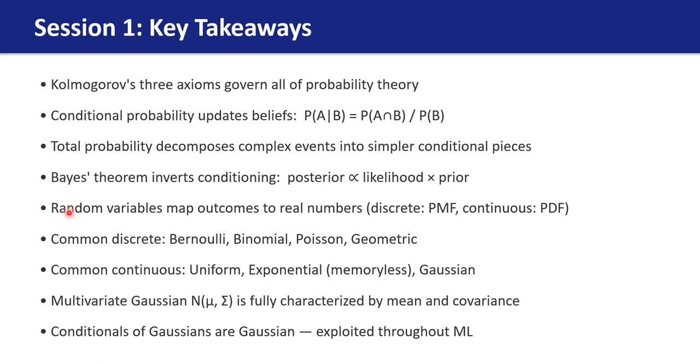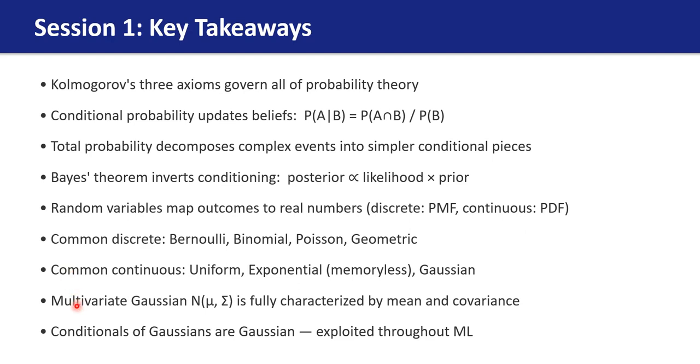5. Random variables turn outcomes into numbers. Discrete uses probability mass functions. Continuous uses probability density functions. 6. Know your discrete distributions: Bernoulli, binomial, Poisson, geometric. 7. Know your continuous distributions: uniform, exponential, with its memoryless property, and especially the Gaussian. 8.